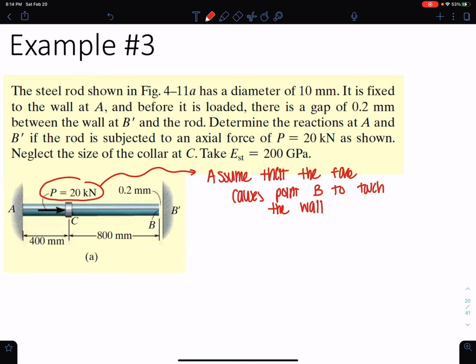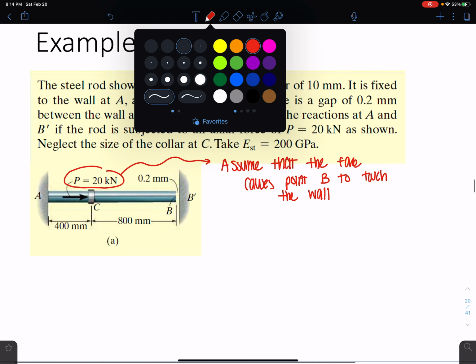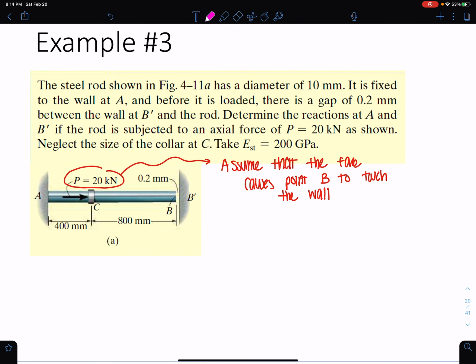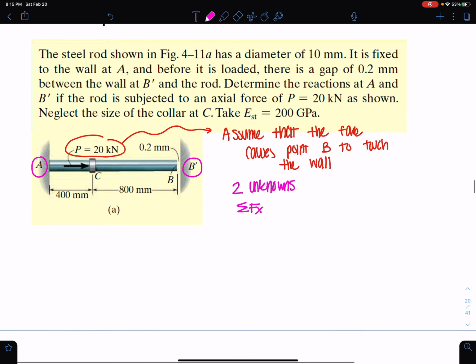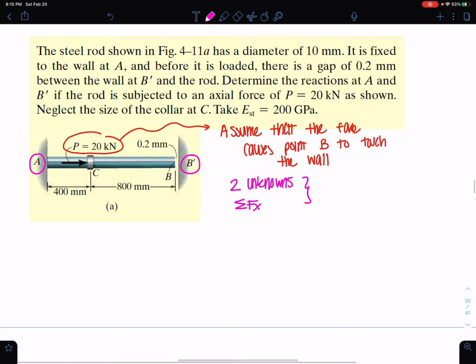This system is statically indeterminate because I have these reactions at B prime and A. So I have two unknowns, but the only equation that applies here is the sum of forces in x, because I don't have moment and I don't have y. So this is statically indeterminate, which means I need a compatibility equation.